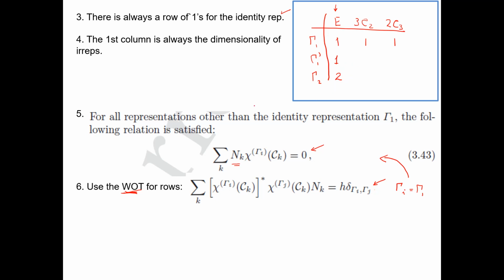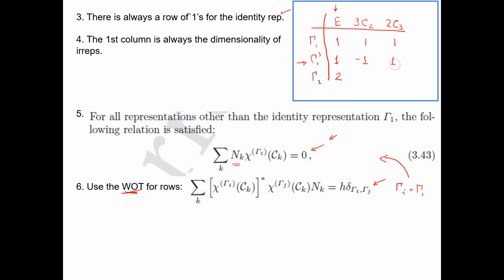For instance, let's apply this rule to the representation gamma 1 prime. You can see again by inspection that the only way to satisfy this equality here is by choosing here to be -1 and here to be 1.